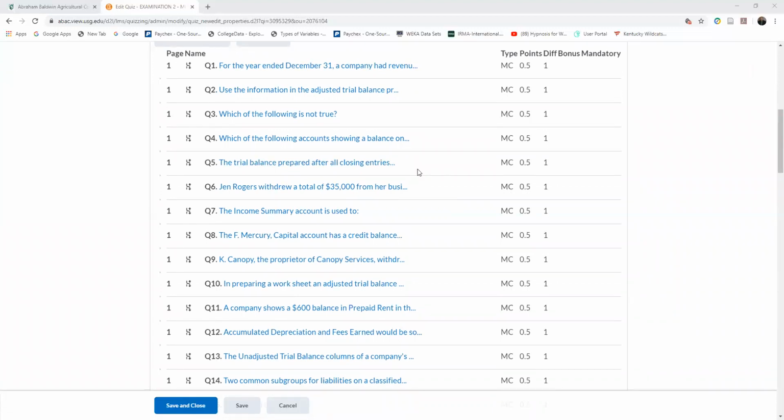Closing entries, as you remember, what we're trying to do is close the temporary accounts, which would be your withdrawals, your revenue accounts, and your expense accounts. We're going to close every single one of those ultimately to a capital. In the case of revenues and expenses, we go through this account called the income summary.